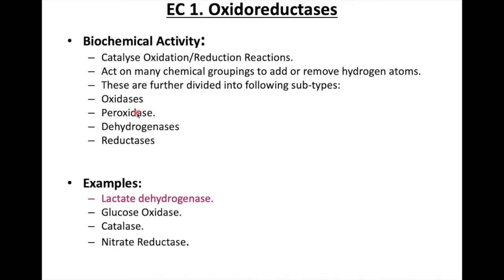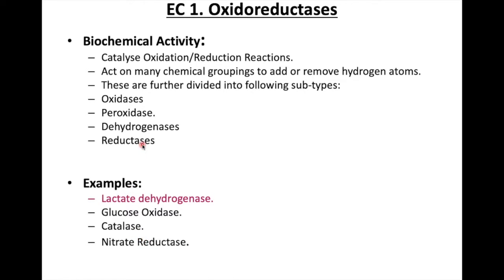And peroxidases cause oxidation of the substrate with the help of hydrogen peroxide, meaning they transfer the hydrogen of the substrate to hydrogen peroxide. Examples of oxidases are glucose oxidase and ascorbic acid oxidase, and an example of peroxidases is catalase.